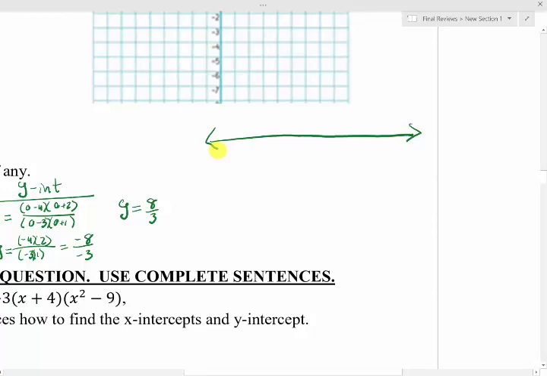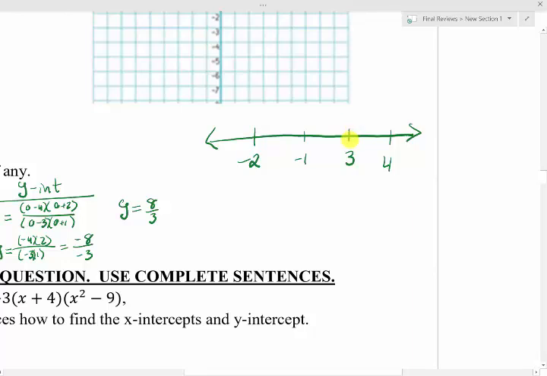So I'm going to go ahead and put my x-intercepts on there. So negative 2 and positive 4. And then we're going to put our vertical asymptotes of negative 1 and positive 3.